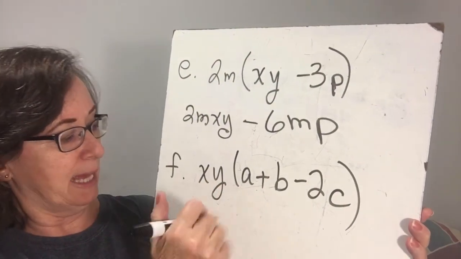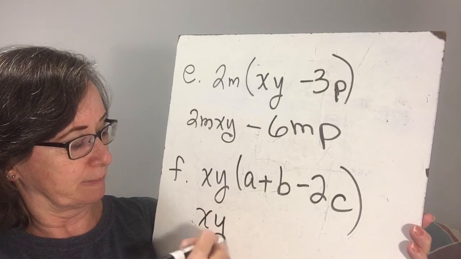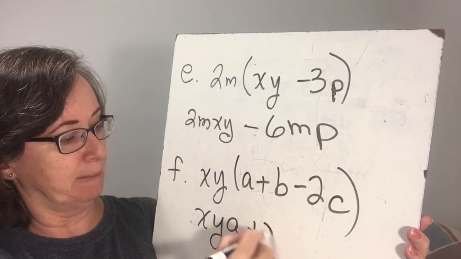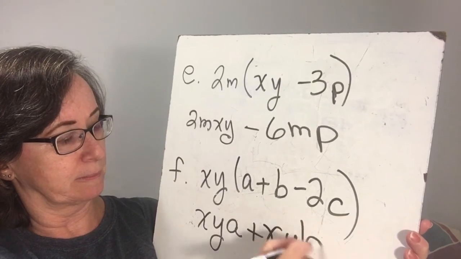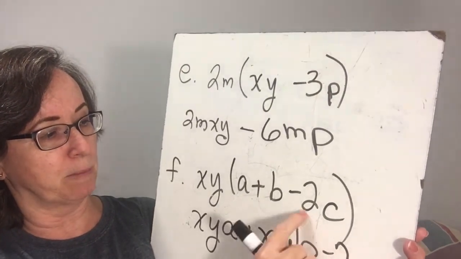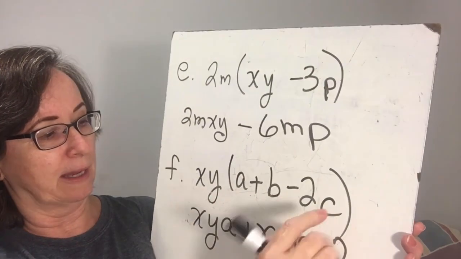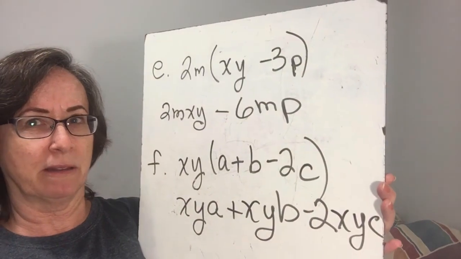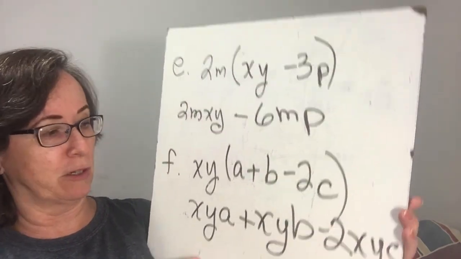xy times a, xy times b. I'm going to put the number first, minus 2xyc. We always put the numerical coefficient in front.